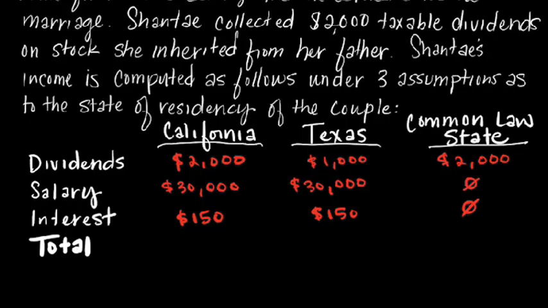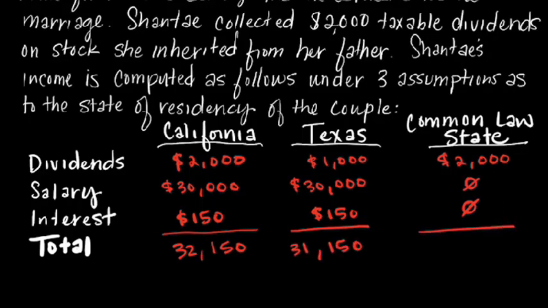So in total, for California, she would have to include $32,150. In Texas, she would have to include $31,150. And in a common law state, she would have to include $2,000 of income.